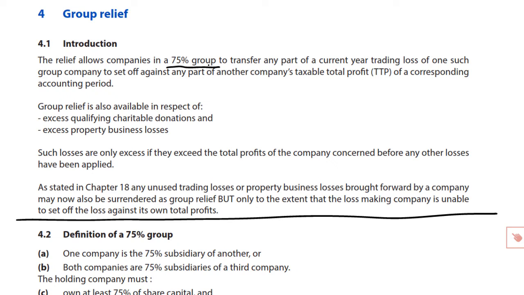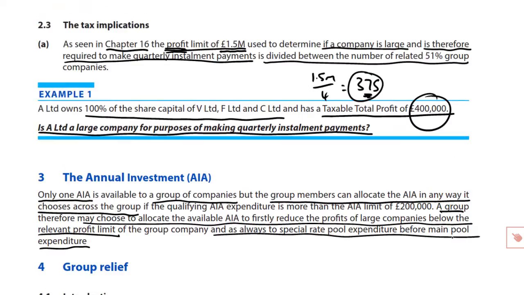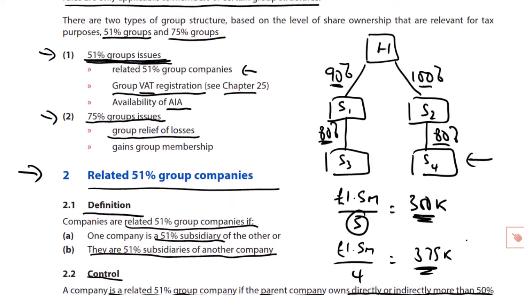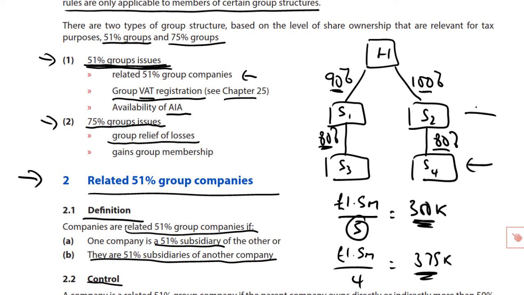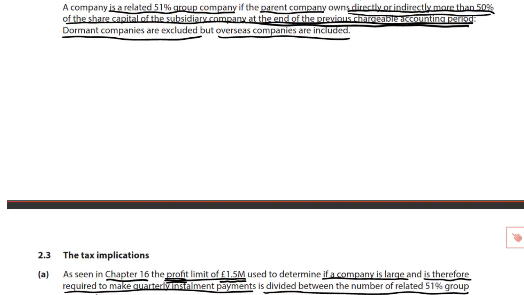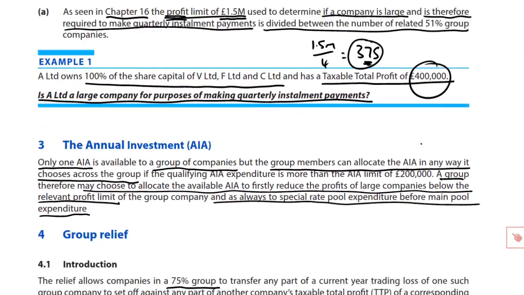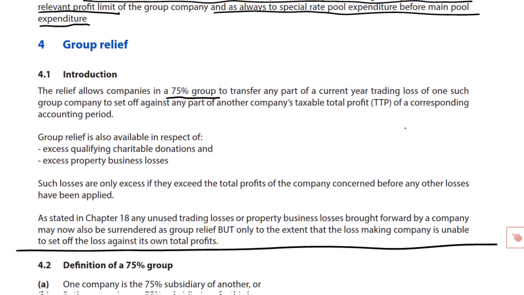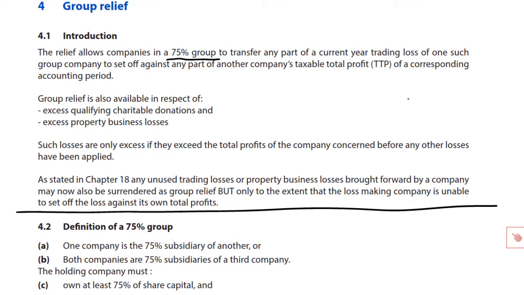What we'll discover, of course, is that if you have indirect subs, as per the original group structure that we outlined up here, where we had both the direct as well as the indirect subs, 75% in terms of group relief is actually interpreted as effective 75%. But more of that in a short while.